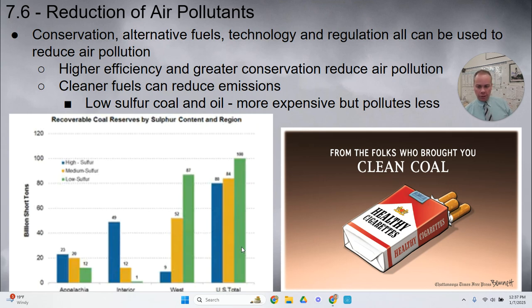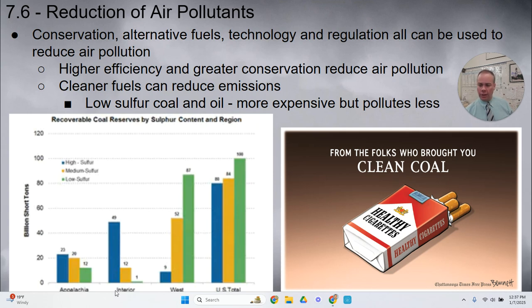And we can see here, if we look at this graph on the left, we know that coal comes in a variety of forms, and some of those forms are high in sulfur and release a lot of sulfur oxides when burned. Other types of coal have less sulfur in them.